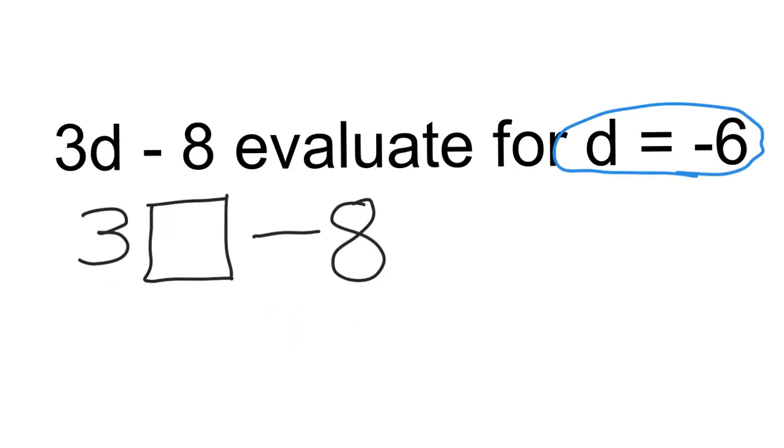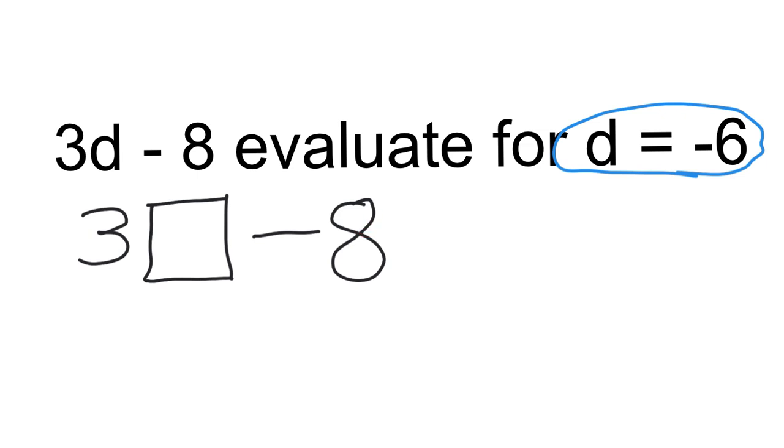All right, if you were in class the day that I taught substitution and evaluating for a variable, you know that on my board I drew a box where the variable is in the expression. So we have 3d, which means 3 multiplied to d, minus 8.